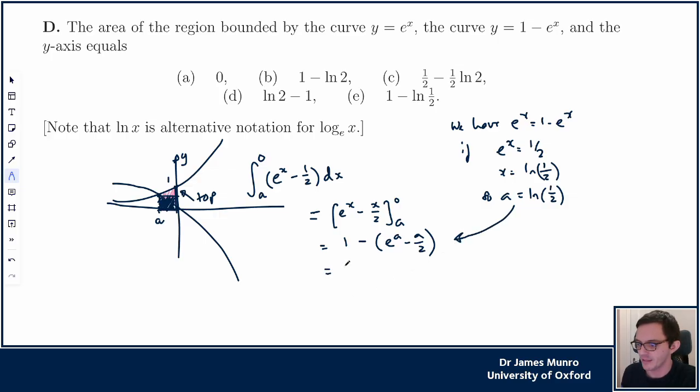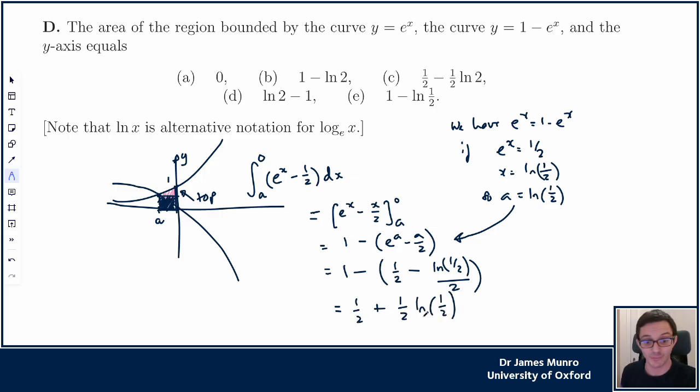Okay, and we know the value of a. So it's time to plug that in, and we'll get e to the a is, well, that's perfect, it's 1/2. And then this a over here is going to be natural log of 1/2 divided by 2. Putting that all together, I get 1/2 plus 1/2 of natural log of 1/2, lots of 1/2s. What do I actually want?